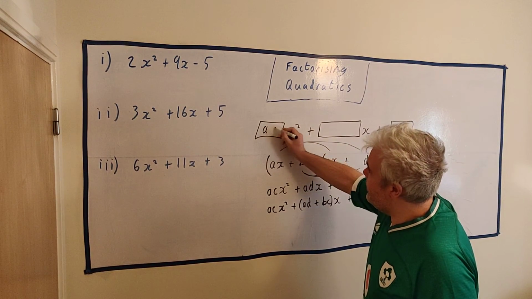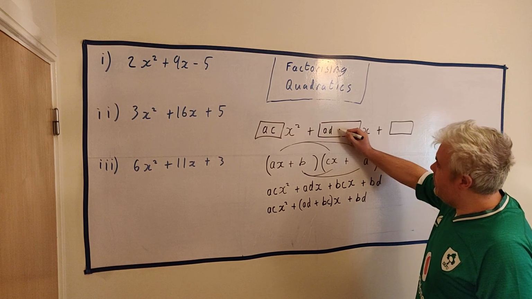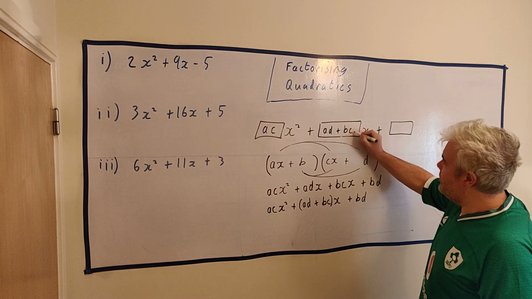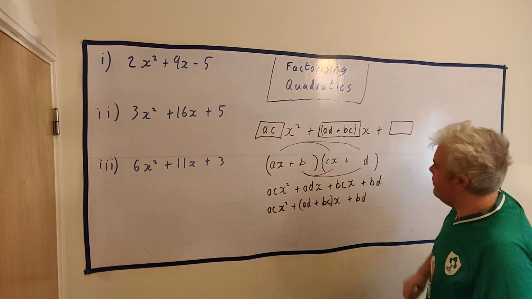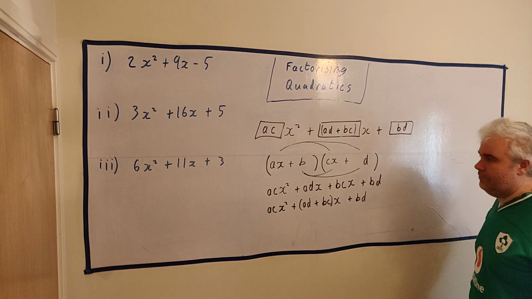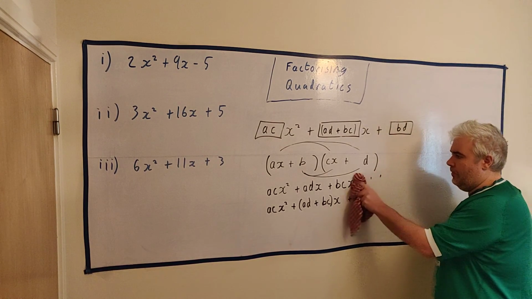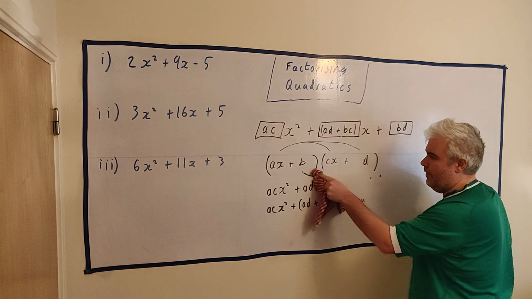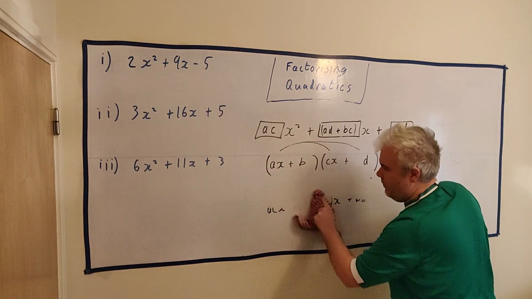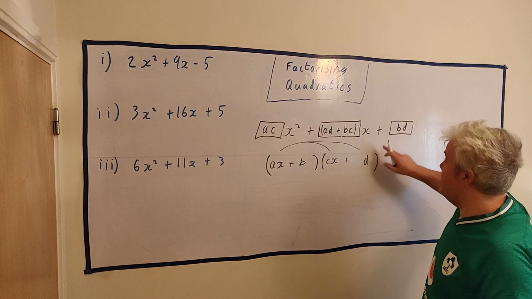There's just an ac here, there's just an ad plus bc, let's put it in a bracket just in case, and there's just a bd there. That's all it looks like. I'm just going to rub a lot of this out. That was just proving what I said, that this is equal to this.